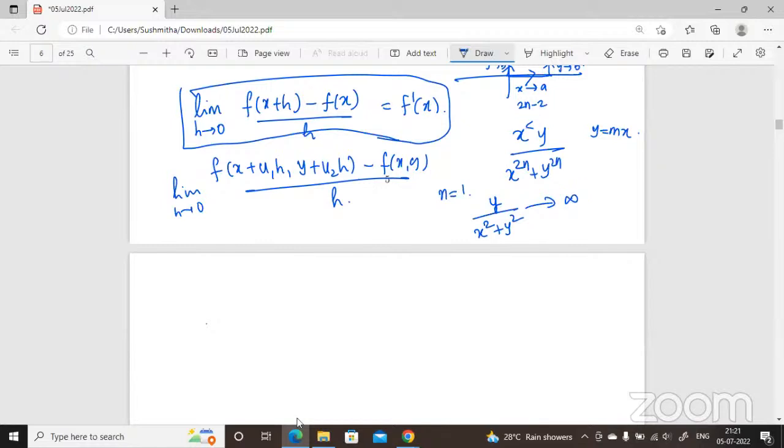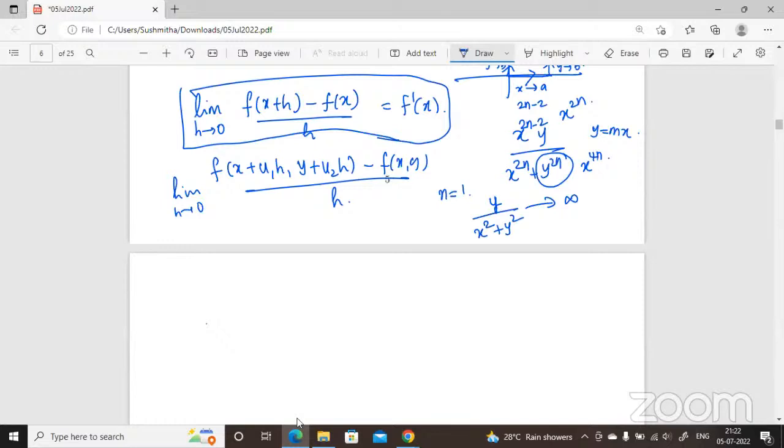If you have some term which is less than 2n minus 1, say 2n minus 2, whatever value, like if I put y equal to mx squared, then I might get x power 2n in the numerator. But then when I put y equal to mx squared in the denominator, I'll get x power 4n. So again there'll be domination in the denominator.